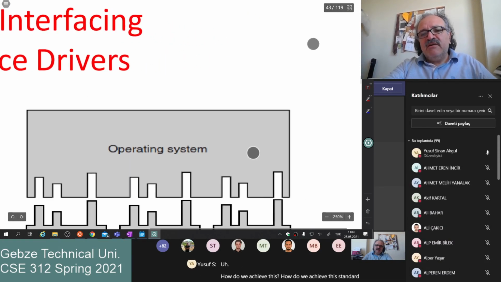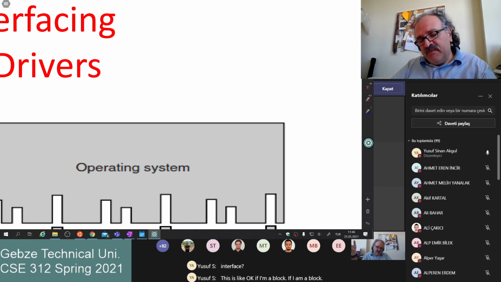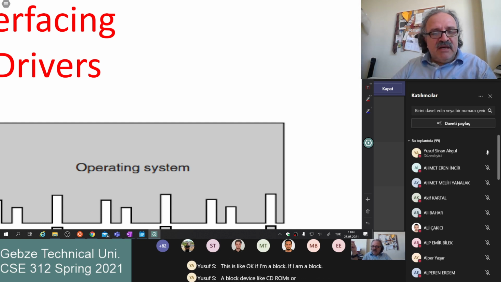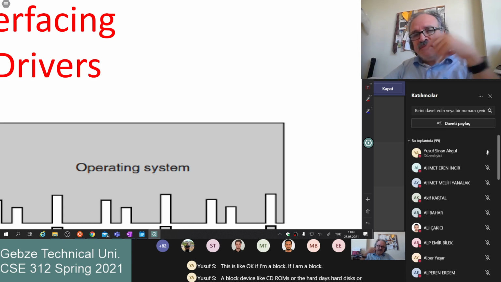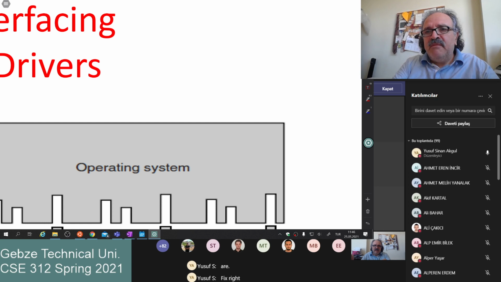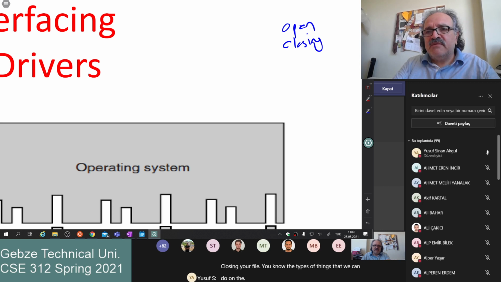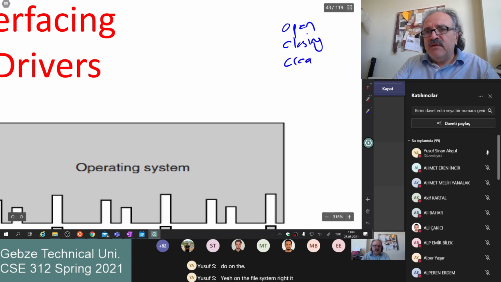If I am a block device like CD-ROMs or hard disks or USB drives, SCSI disk, whatever, the operations that are possible on these kinds of devices are fixed, right? What can I do? There is an operation for opening a file, closing a file. You know the types of things that we can do on the file system, right? Creation of directories, maybe formatting.